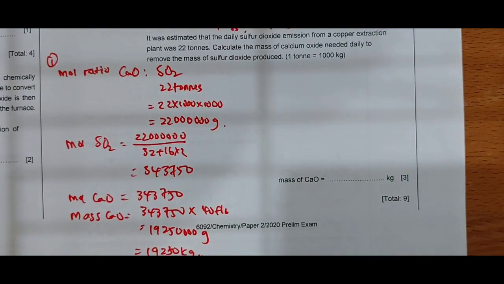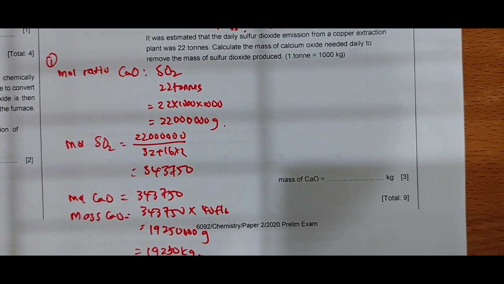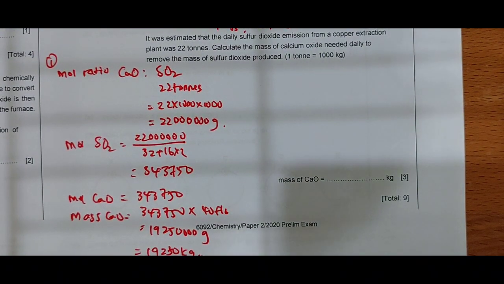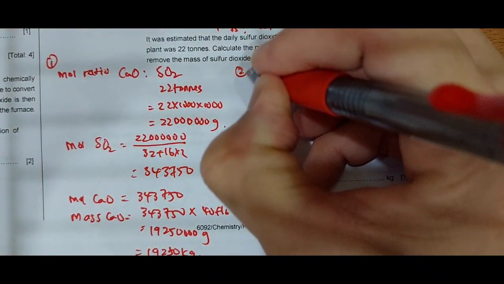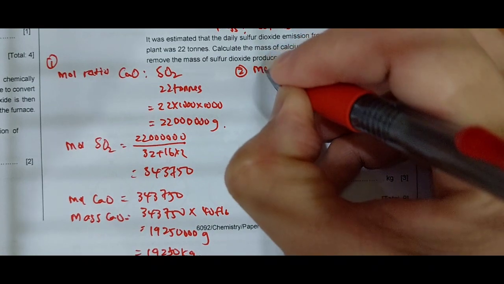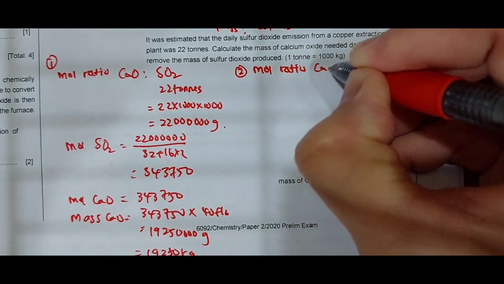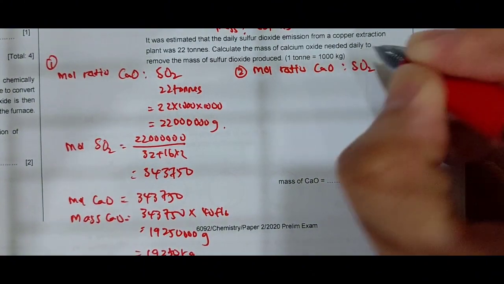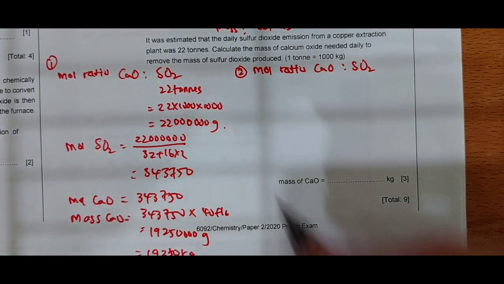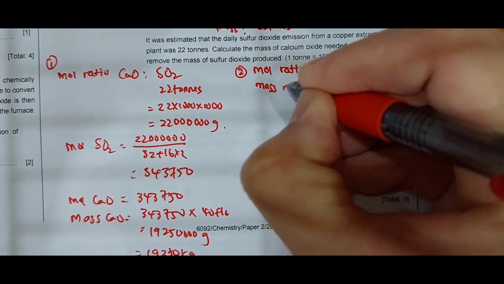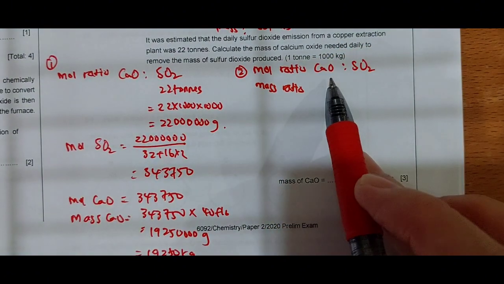Now in this question, if you use mass ratio, it's actually easier. But it's okay if you're not familiar with the mass ratio, you can just continue to use mole ratio. So the second method is mass ratio. Mass ratio will still start off with the mole ratio, okay, which is 1:1. Now, mole ratio is 1 mole to 1 mole, right? What would be the mass ratio? That means what is the mass of 1 mole of calcium oxide?